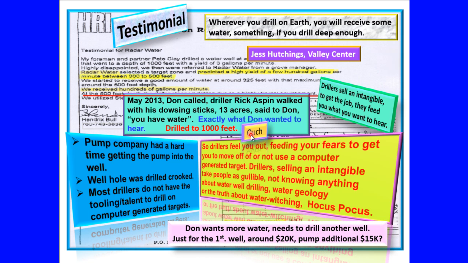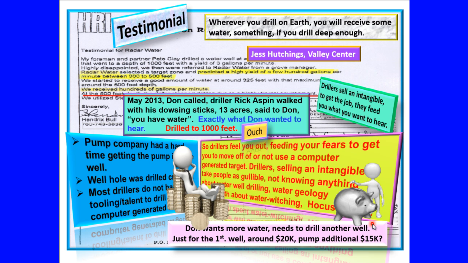Don wants more water, needs to drill another well. Just for the first well, around $20,000. Pump additional $15,000. The driller always wins.